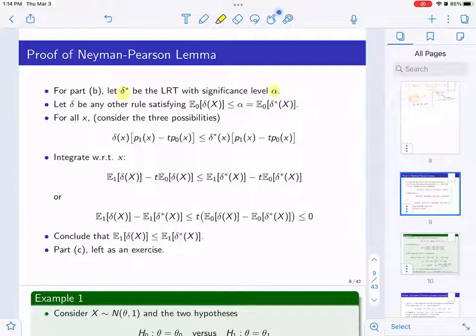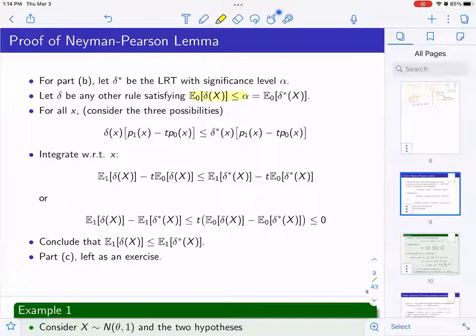There could be multiple of these. And apparently the proof tells you that any of them would work. So let delta be any other rule satisfying the constraints that we have. This is the constraint. Delta is some arbitrary rule that satisfies the constraints. Delta star is the one that achieves alpha, and it's a likelihood ratio test.